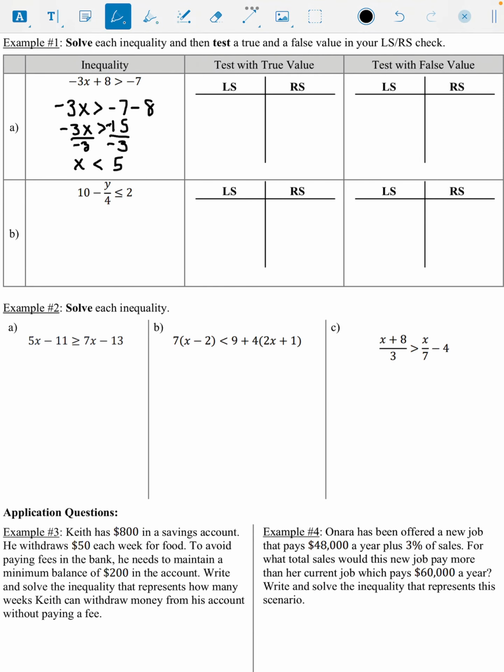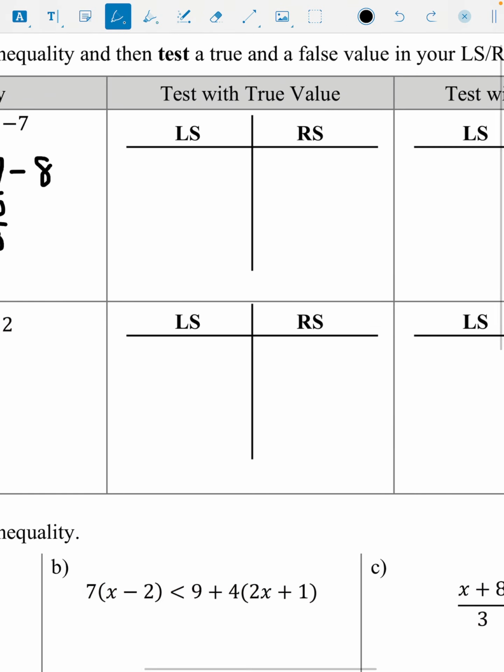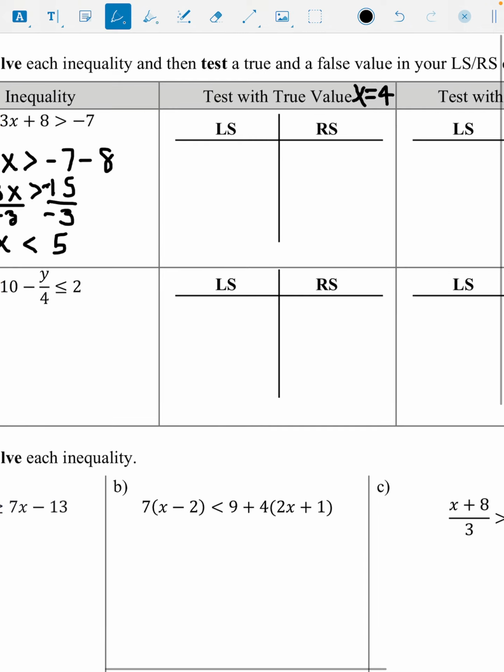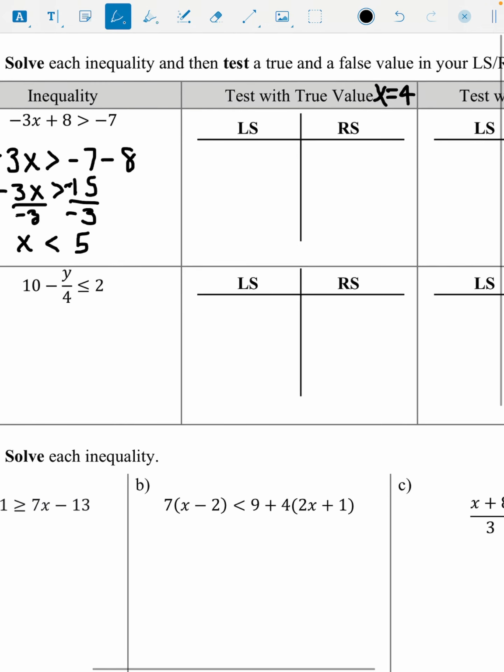You could have taken any value that satisfied the inequality for the true value. I'm just going to test x equals 4. Let's take the left side of the inequality, which states that negative 3x plus 8 is the left side, and on the right side we have negative 7. I'm just going to plug in 4 for x.